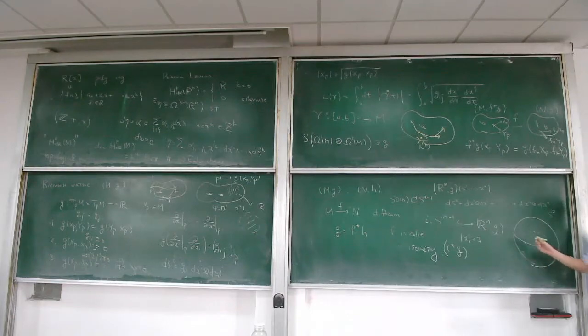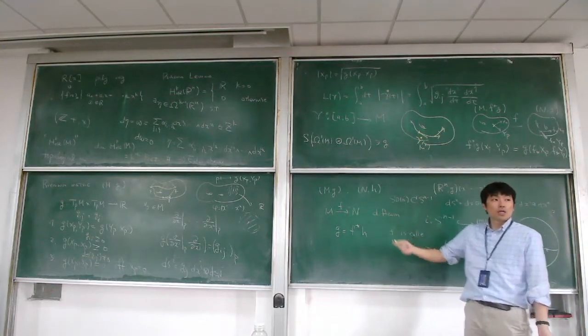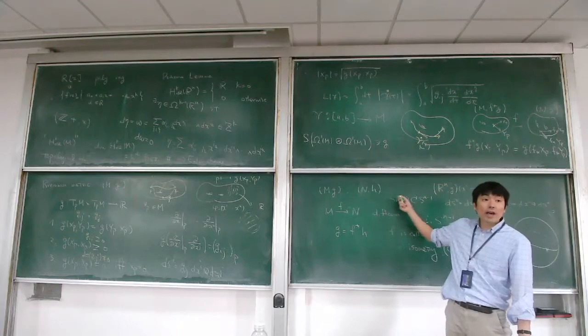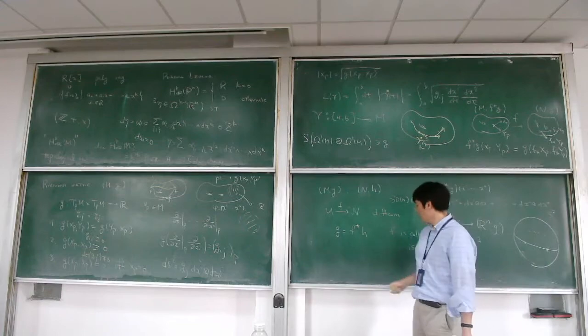The rotation with respect to the x, y, z axes will give you a diffeomorphism on S^2. And this diffeomorphism does not change the metric. The rotation does not change the unit sphere.